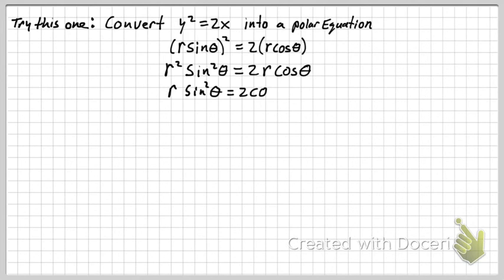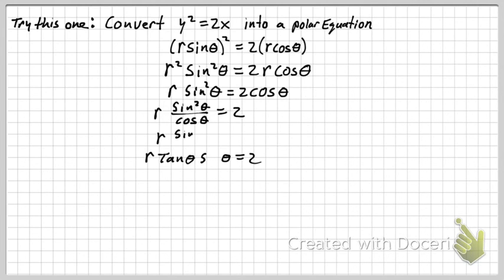Well, I divide both sides by r, and then I divide both sides by cosine theta. Sine squared theta divided by cosine squared theta, that's sine times sine divided by cosine. Sine divided by cosine is tangent. And so that leaves me tangent theta, sine theta equals 2.